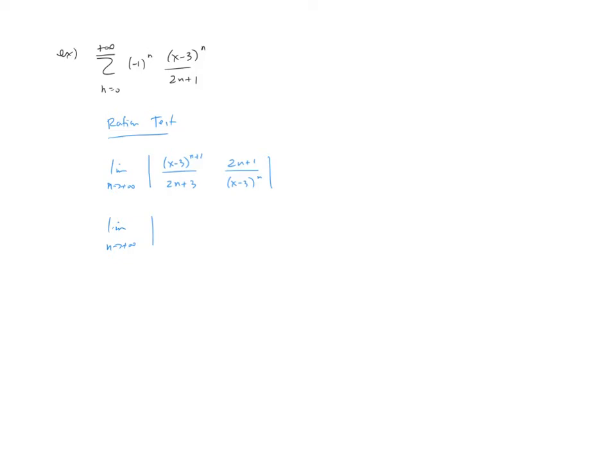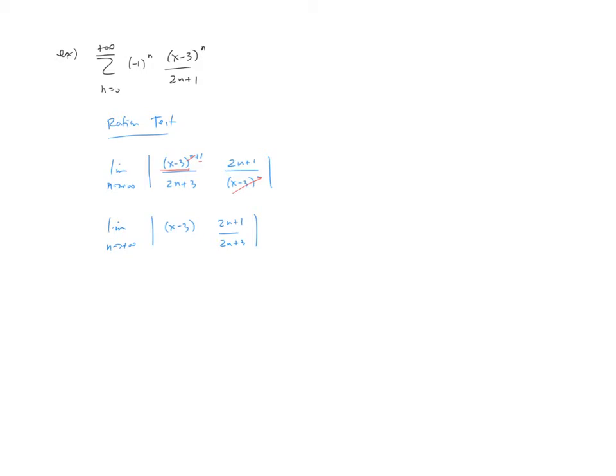And as you've seen in the past as well, this guy right here can divide off with this guy right here, leaving us with this x minus 3 now to the first. So I'll have my x minus 3 to the first, and then I'll have the 2n plus 1 over 2n plus 3.